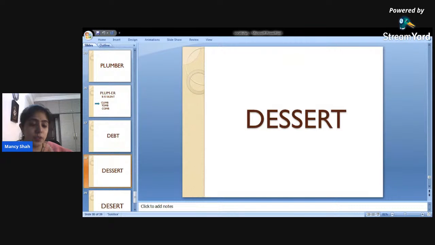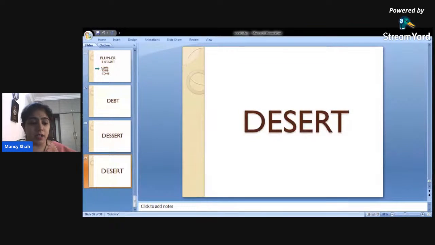What's special for today's dessert? And the other one is the desert. A lot of deserts in Dubai, you can say. So dessert and desert, a lot of difference.